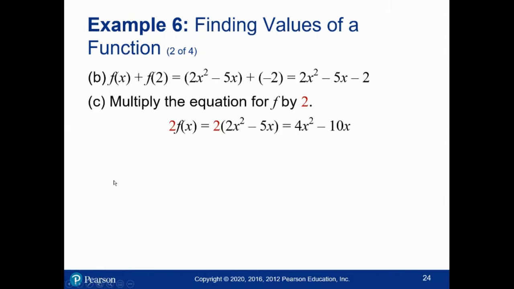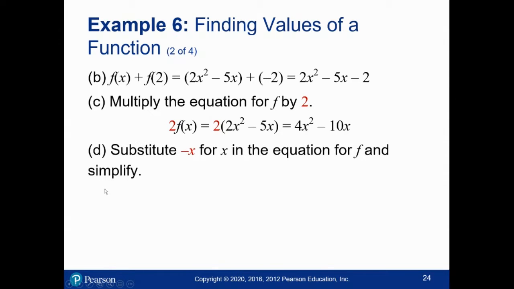What about 2 times f of x? F of x is 2x squared minus 5x, so 2 times it is just 2 times 2x squared minus 5x, which distributes as 4x squared minus 10x. Next, what about f of negative x? This is very similar to the first one, what is f of 2. Everywhere you see an x, put in a negative x, and then simplify.